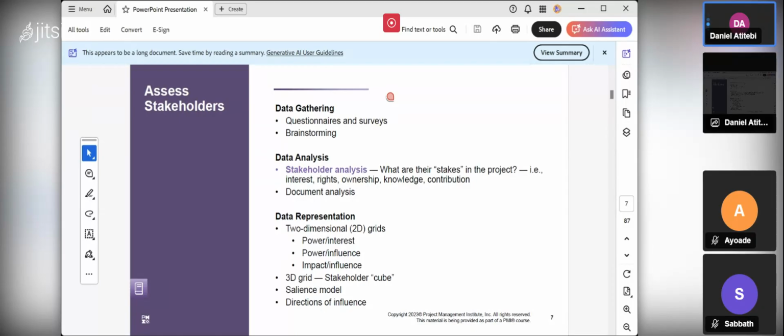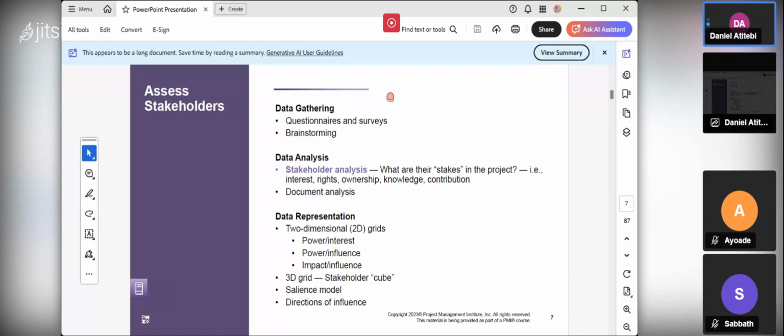What are you doing here? You are trying to get information from them about the project you want to implement. If you conduct a survey, create a questionnaire, or do a brainstorming session where you bring them together, this is just like data or requirements you are gathering from them about your project. So those requirements, to be useful to you, you need to analyze them.